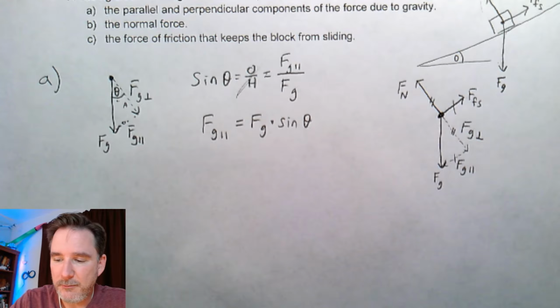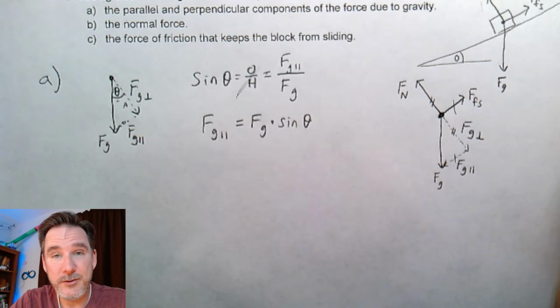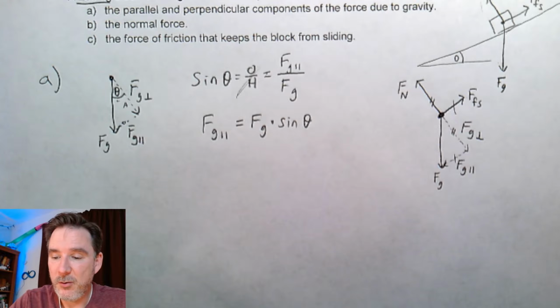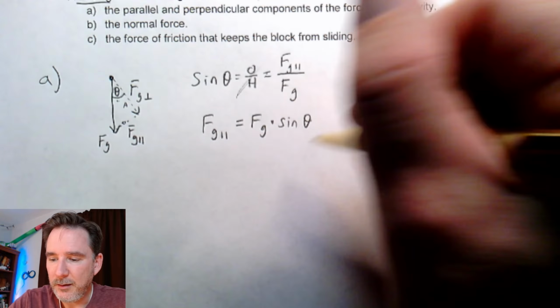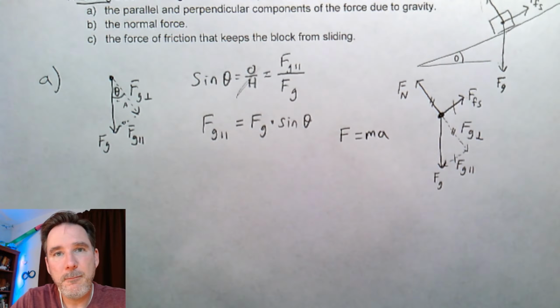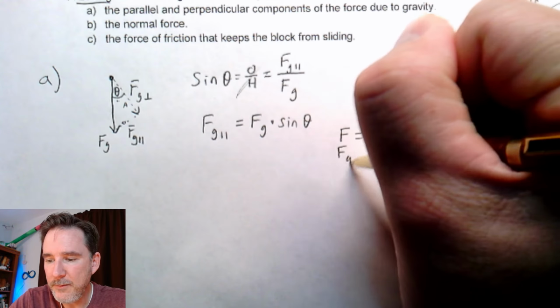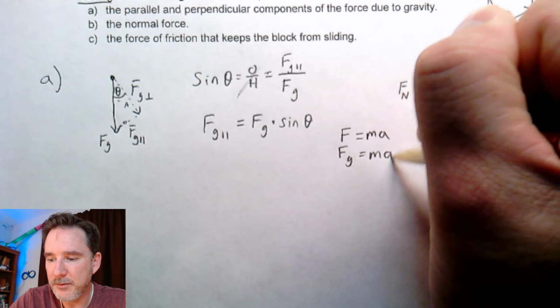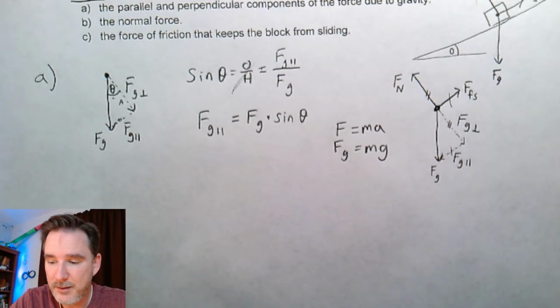Now what is Fg? Fg is the force of gravity pulling it downward. We are given the mass, so that's not a problem. We know that force is ma. More specifically, the force of gravity is equal to the mass times the acceleration of gravity, g, 9.8.